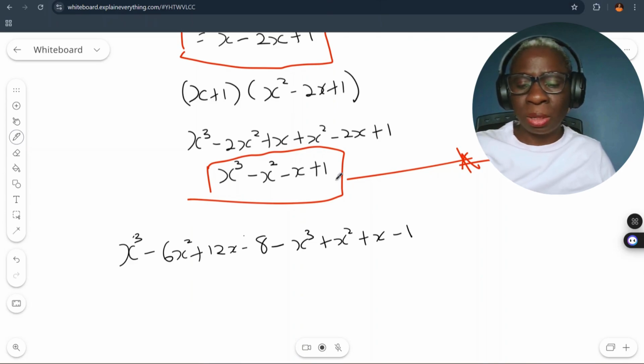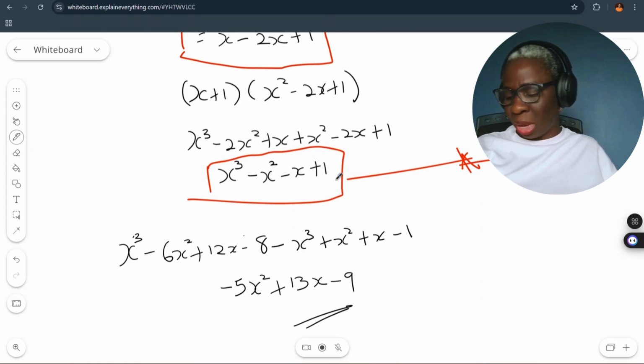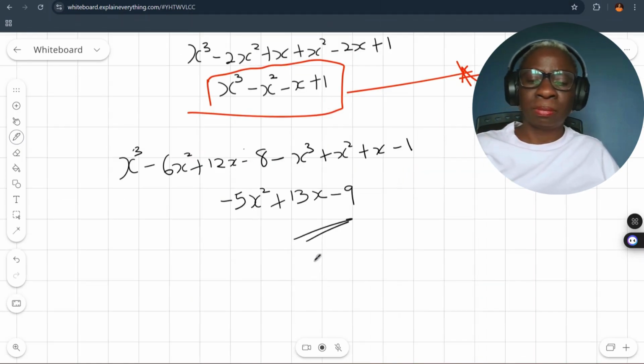Minus 6x squared plus x squared would give minus 5x squared. 12x plus x would give plus 13x. Minus 8 minus 1 would give minus 9. And we have just simplified it, and this is the answer.